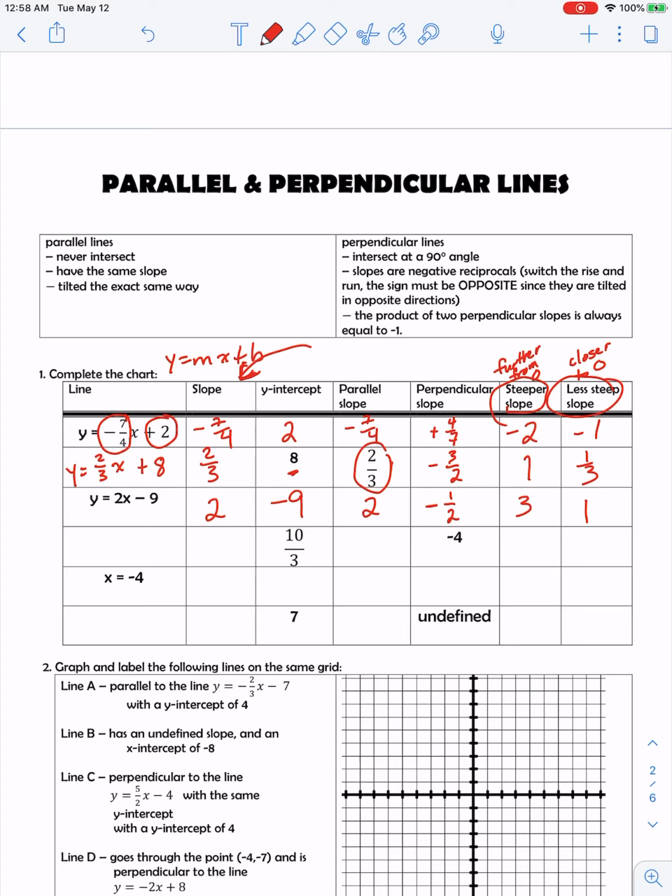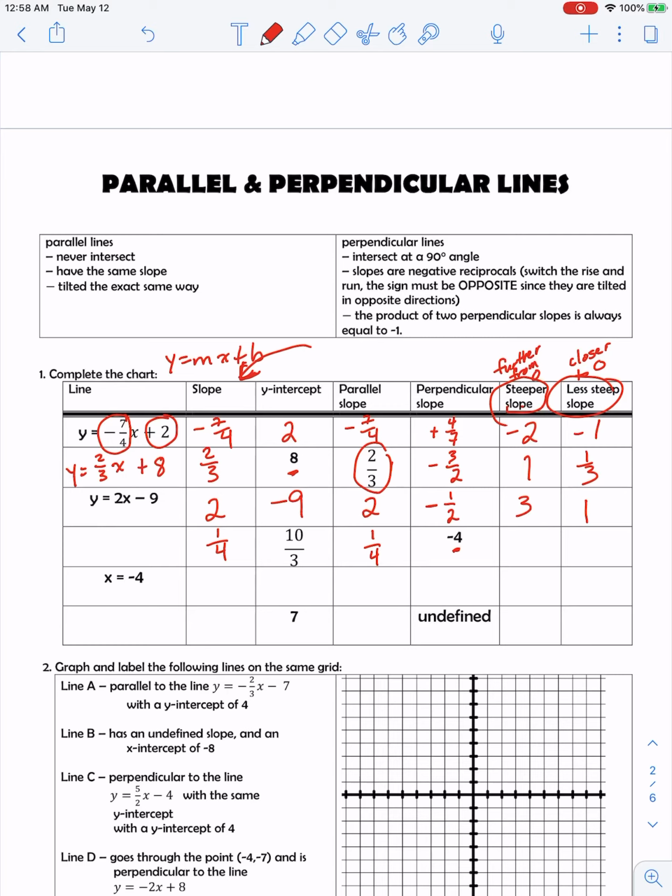Okay, the next one, we have a perpendicular slope of -1/4, so for a slope that's parallel to the line we're looking at, we need to flip that over, so that would be 1/4, and change its sign. So the sign is going to be positive. That means that this slope is also going to be 1/4. All right, steeper, we go back to 1/4.